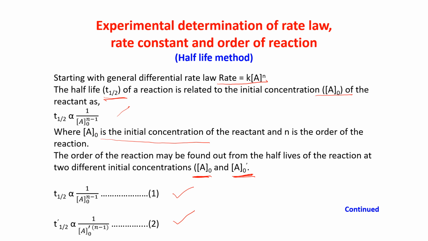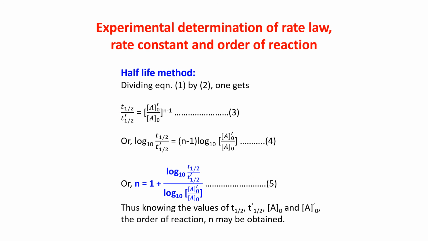Now what we will do, we will find the ratio of these two equations. By dividing equation 1 by equation 2, we get T half by T half prime equals A naught prime by A naught to the power n minus 1. Now from here, log 10 of T half by T half prime equals n minus 1 times log 10 of A naught prime by A naught.